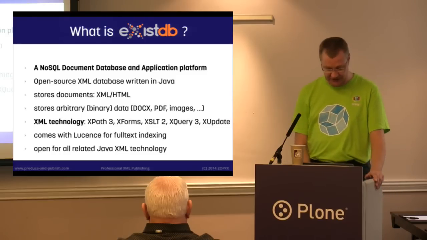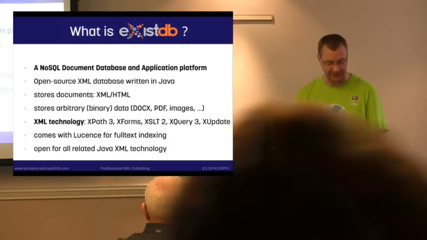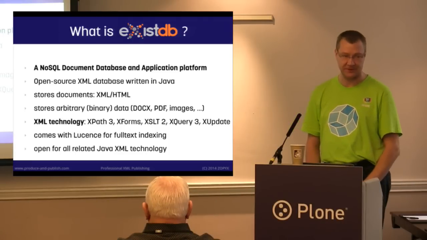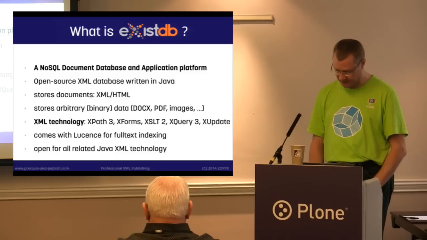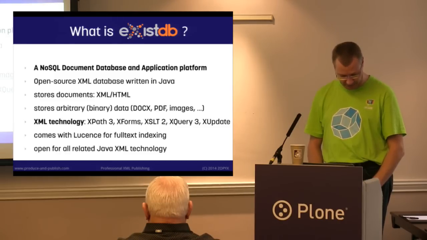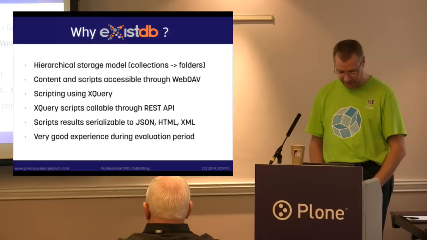And if you need, you can just add other Java XML technology, for example, stuff like Schematron for performing validation checks and so on, reporting. So it's pretty open and extensible. It's Java, but it's completely solid and working.